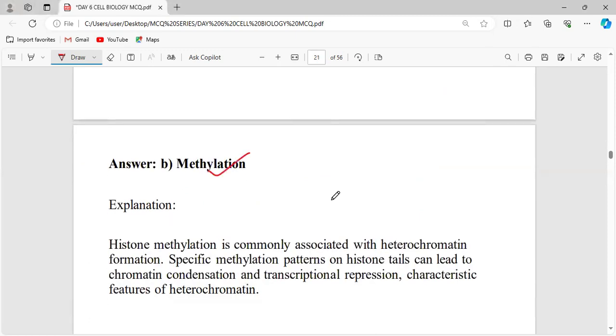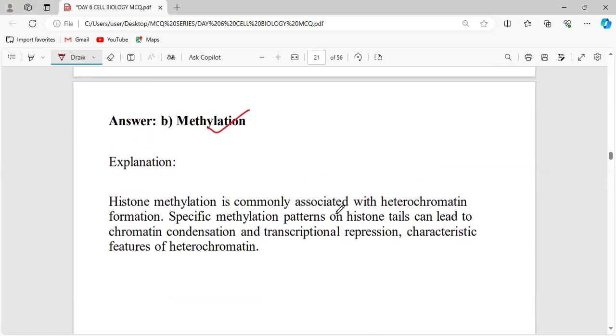Okay, very good. Methylation is the histone modification associated with heterochromatin formation. Methylation happens in the histone tails. This leads to the chromatin being condensed and the transcription being repressed, where it is inactive.